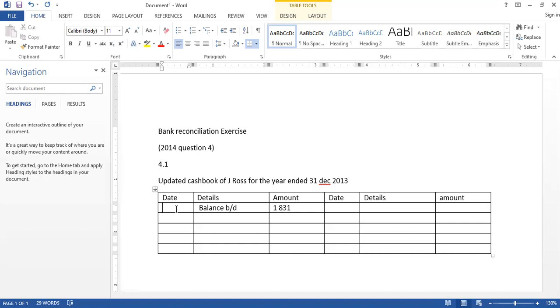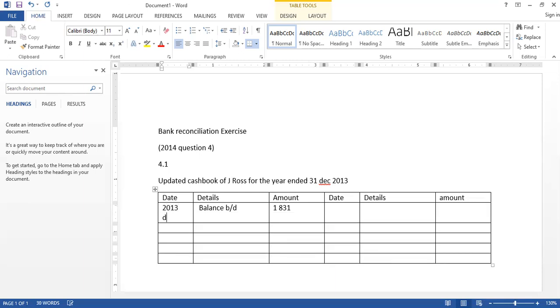So your balance brought down will be on 31 December 2013. On both sides, you will have 2013 December the 31st.